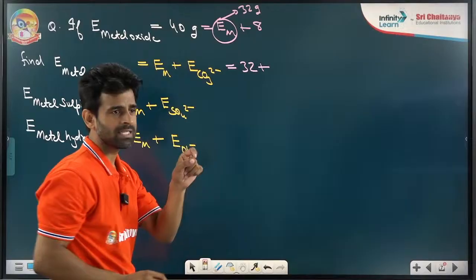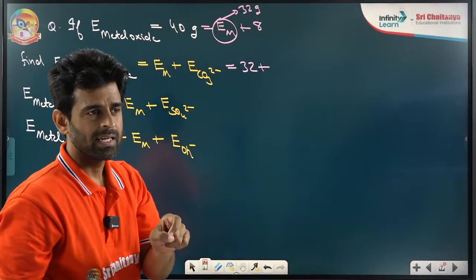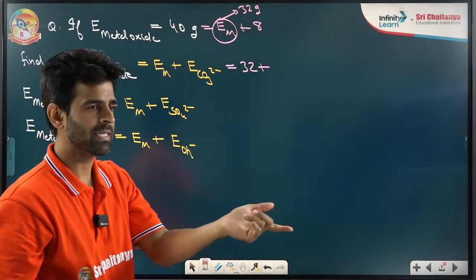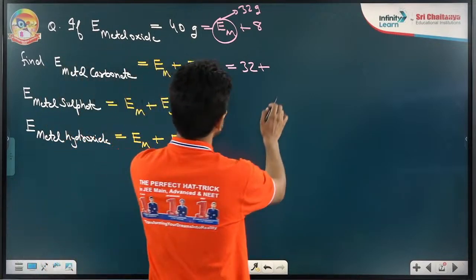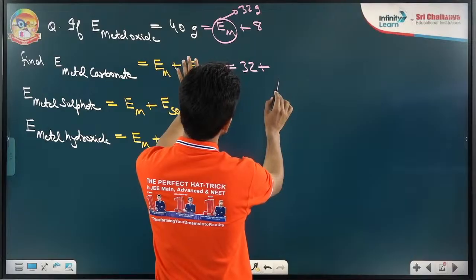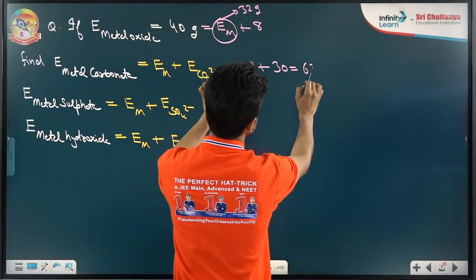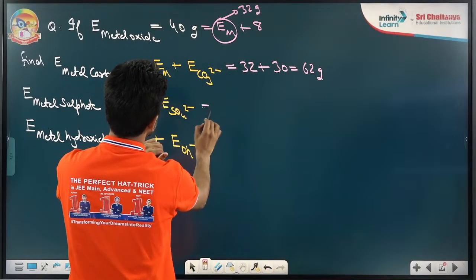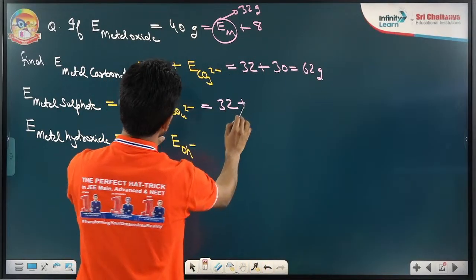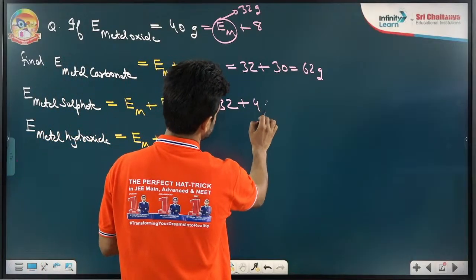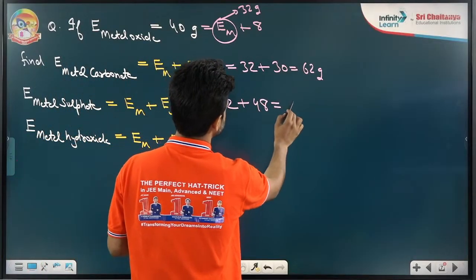For carbonate, we found just now in the previous question, it was 30, so 62 gram with 32 here. For sulfate, 48 was coming, so it is 80 gram.